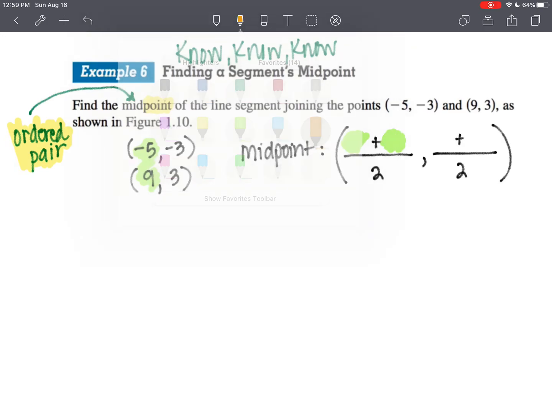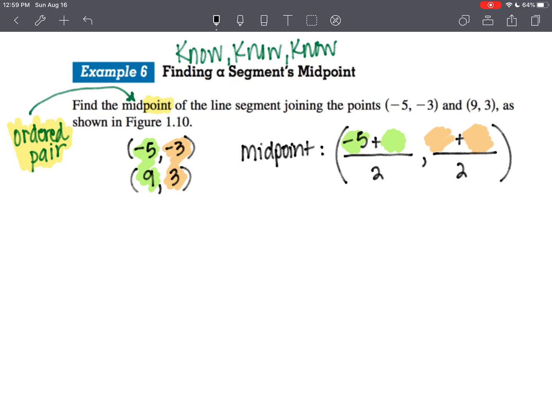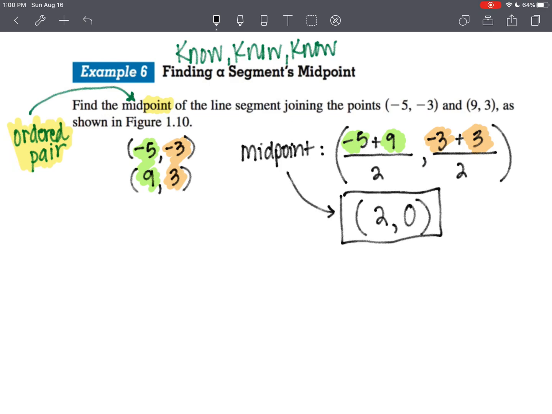And my y's, let's use orange, -3 and 3. -5 plus 9 is 4. 4 divided by 2 is 2. -3 plus 3 is 0. 0 divided by 2 is 0. And our midpoint is the ordered pair 2, 0.